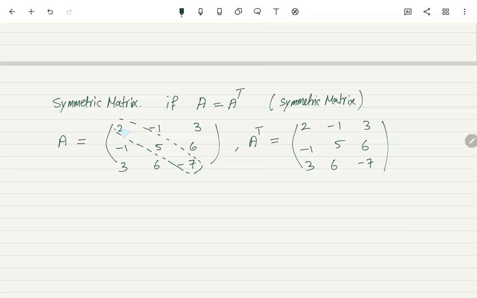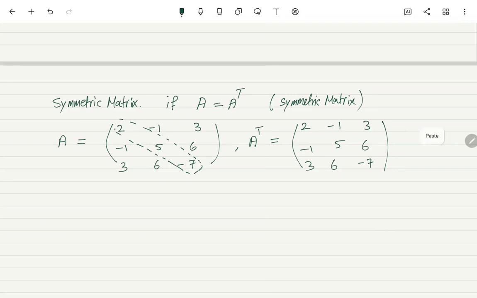Or in other words, the diagonal is making a mirror, like -1, 3, 3, 6, 6. So this matrix here is called a symmetric matrix.